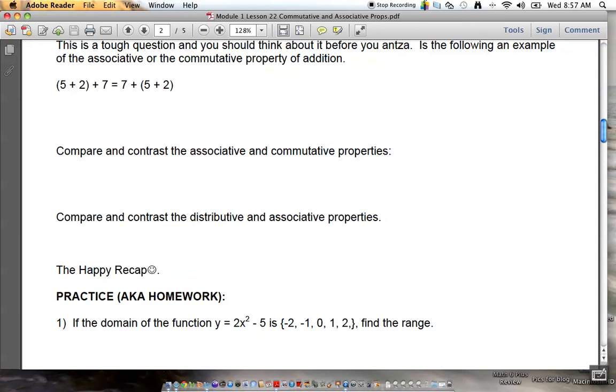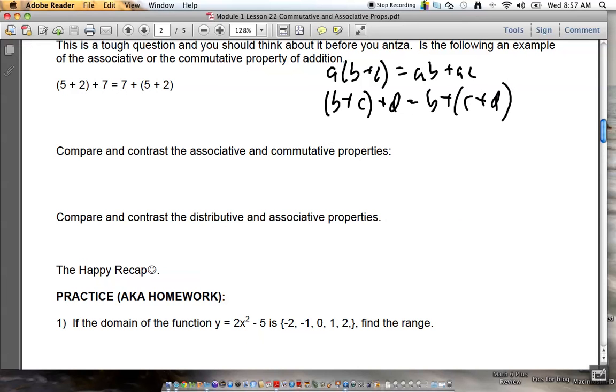Now some kids, when they learn the associative property, they say, I got this figured out. Look at this, I'm a smart guy. I know that if it looked like this, then that'd be distributive, because there's one parenthesis. Now, if I do this, I know that'd be associative, because I see 2 parentheses.